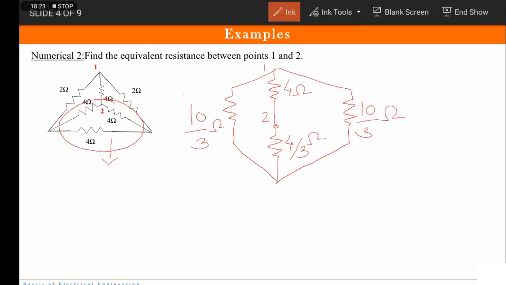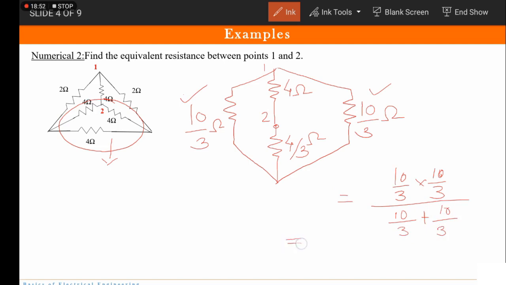Now you tell me what is the connection of this and this. These two resistances are in parallel, correct? And how to calculate the equivalent resistance? Equivalent resistance will be 10 by 3 into 10 by 3 upon 10 by 3 plus 10 by 3. Right?